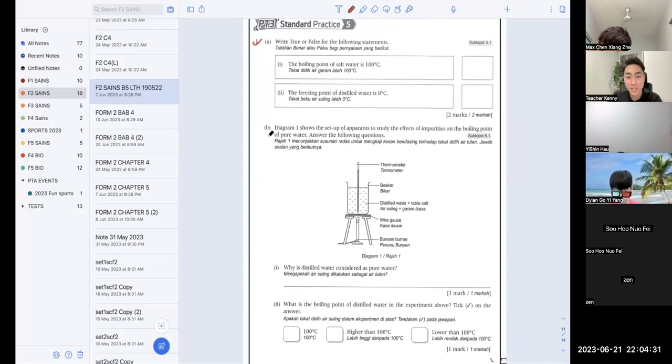Okay, let's do page 1A, B, this page. Do now. Students done?